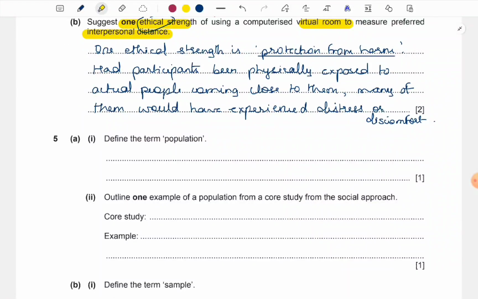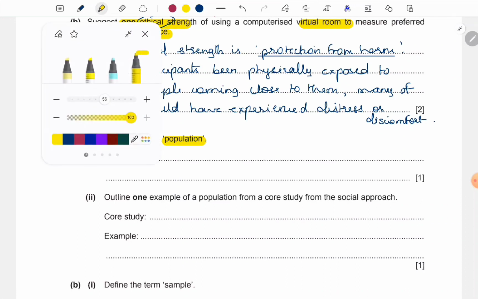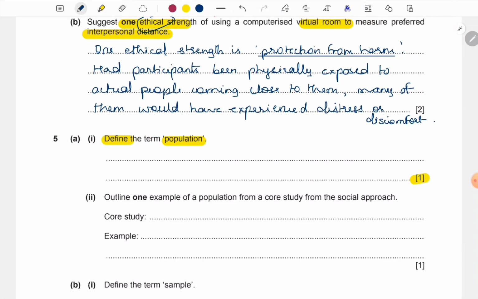Here they have asked to define the term population. So in general they want to know what a population is. This is just for 1 mark, so don't end up giving a lot of elaboration and examples. So population, as you know, is all the entities that the researcher is interested in studying. Any other definition that you've learned from any of the 3 textbooks, you can write that, or from anywhere, as long as it is correct. So population is the collection of all entities.